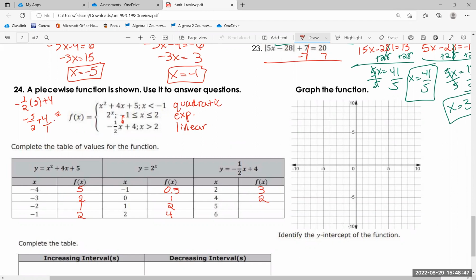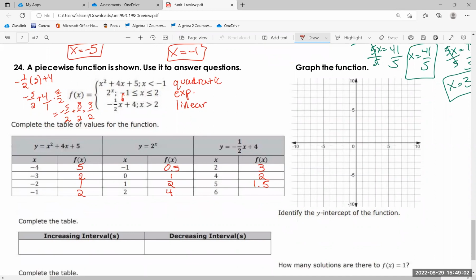Multiply it by 2/2, so I get negative 5/2 plus 8/2, which would be 3/2. So 1.5. And then lastly, plug in 6, we'll have negative 1/2 times 6 plus 4 will give me negative 3 plus 4, so positive 1.